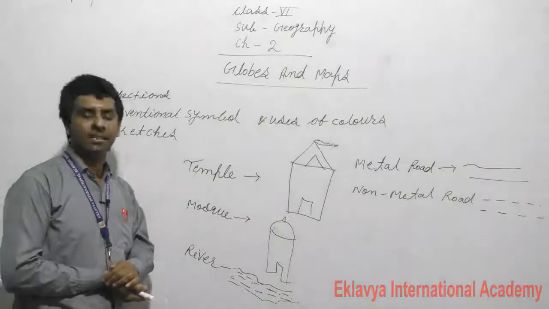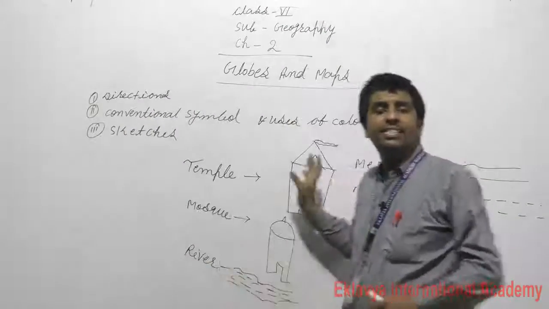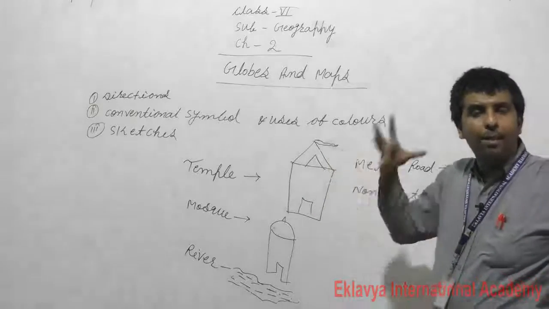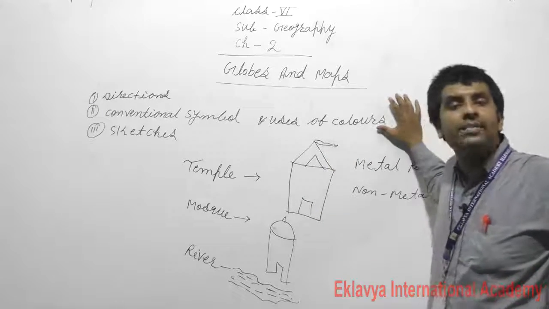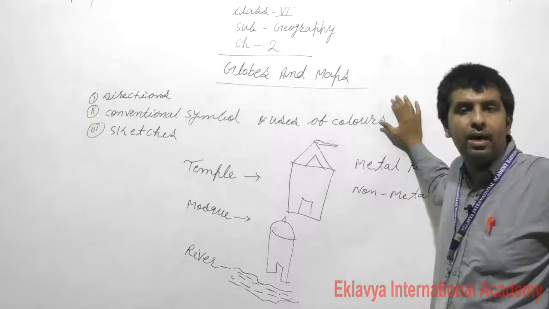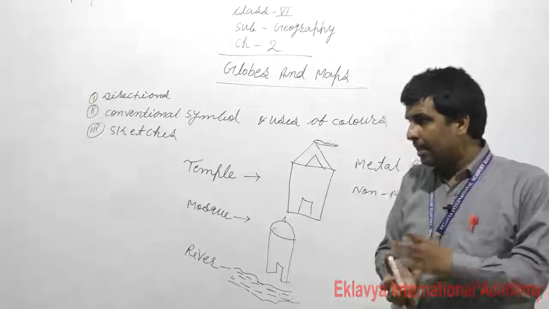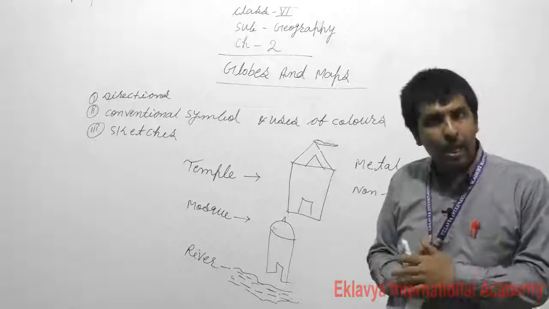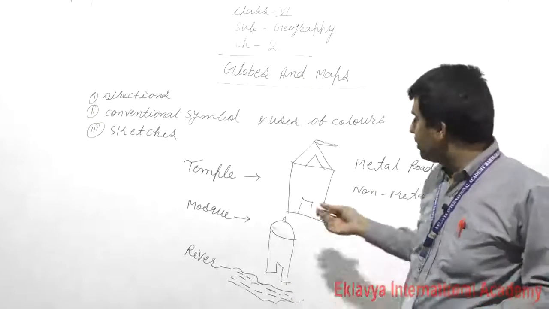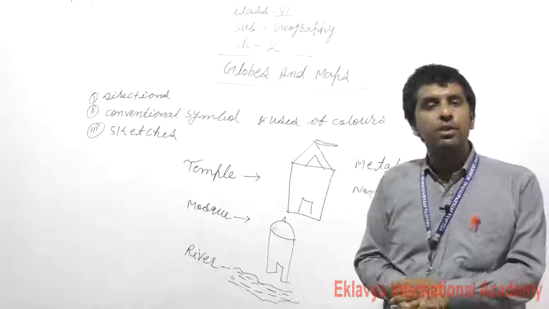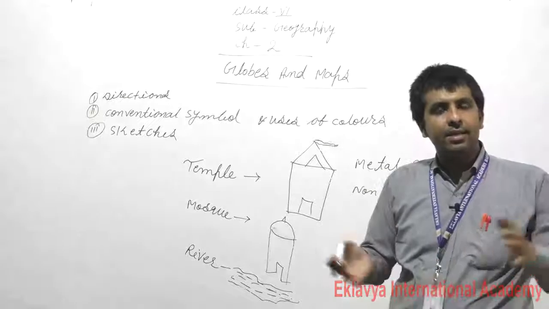I am telling you that suppose on the map you want to show shallow water, you have to use light blue. And if you want to show deep water, you can use blue color, like this, dark blue.